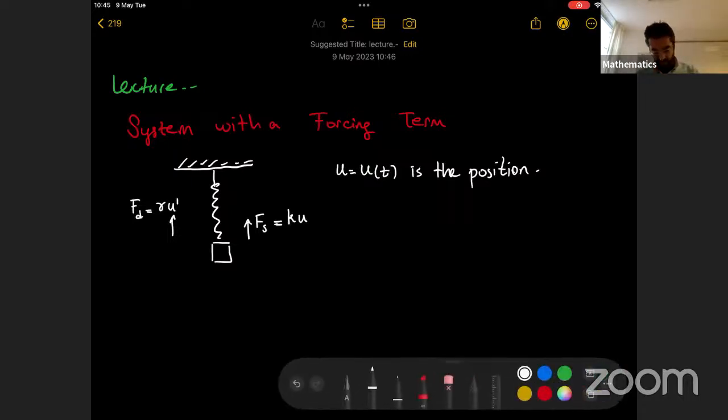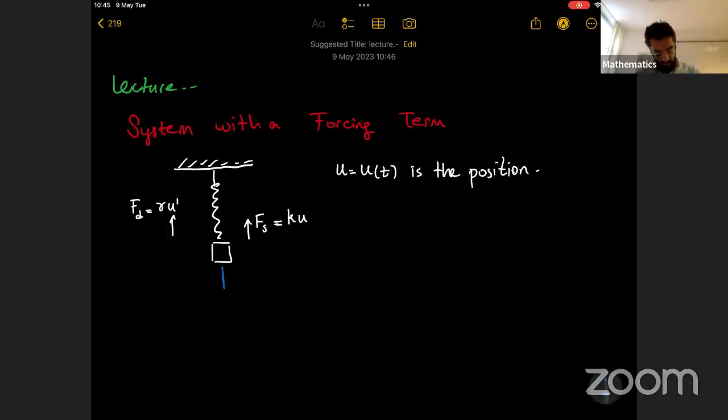Now let's say there's one more force. There's also gravitational force, but it is equalized by, remember, k times L, the elongation distance. So we ignore that gravitational force. And different from the previous one, let's say there is also an external force in the direction of the movement.